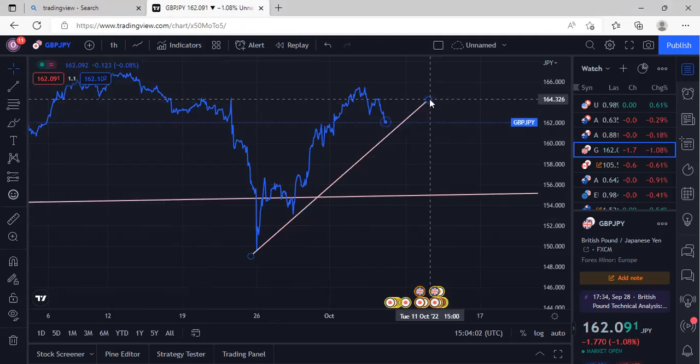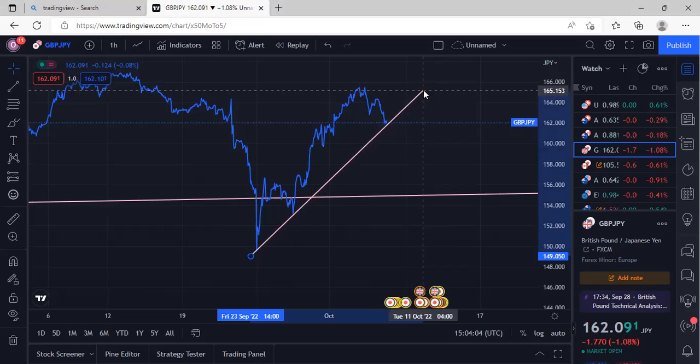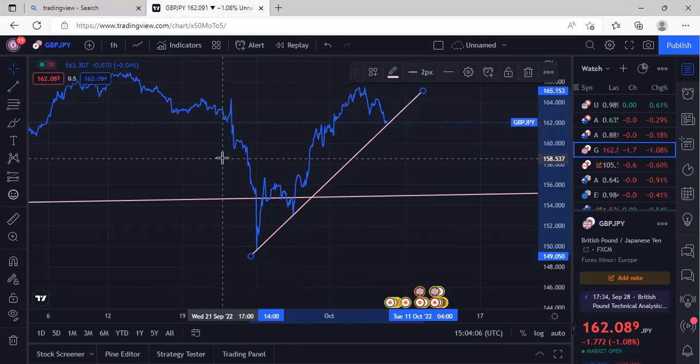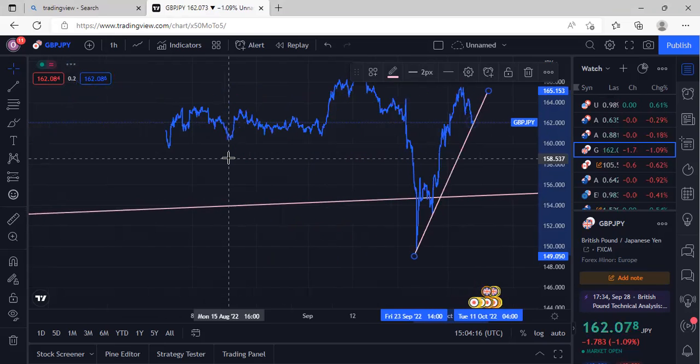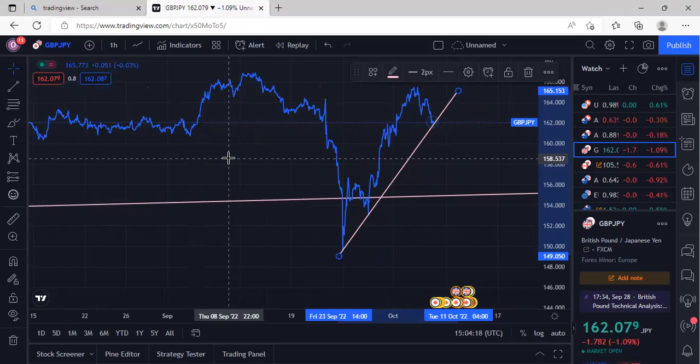What I usually tell my students is, the steeper the trend line, the easier it will break. But when the trend line is not that steep, it means that we'll have a lot of time to break that particular trend line.